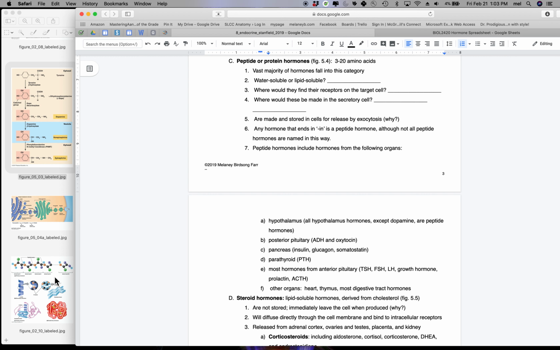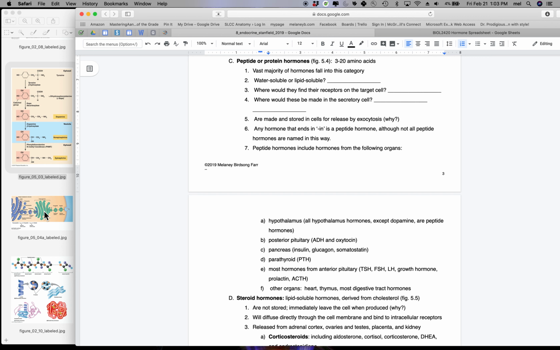And peptides are water soluble, so that's the answer to that. And since they're water soluble, where are they going to find their receptor on the target cell? Their receptor must be a cell membrane receptor, not an intracellular receptor. And where would these be made in the secretory cell, the cell that makes them?